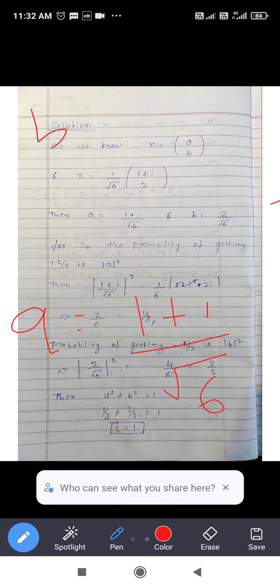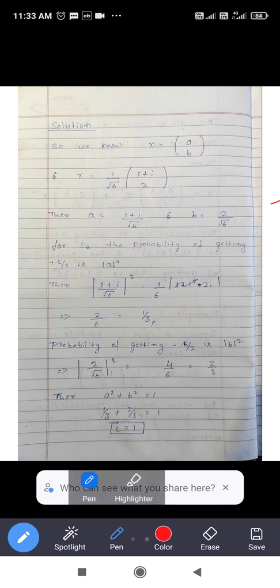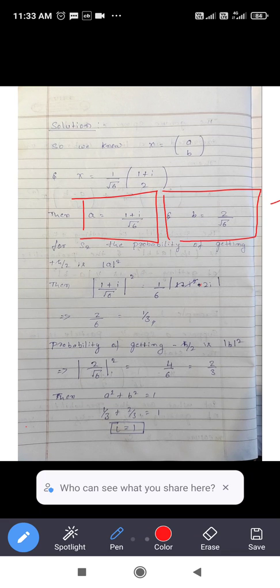These are the a and b values from the question.